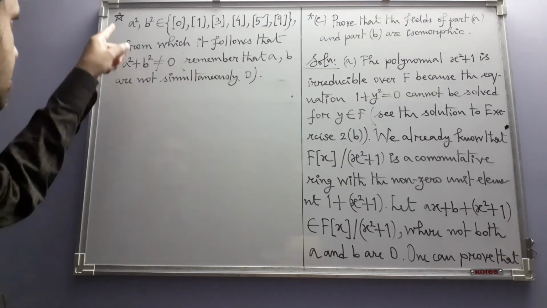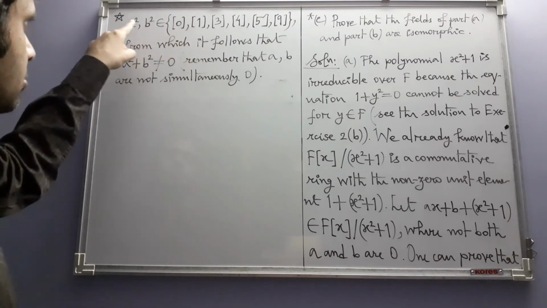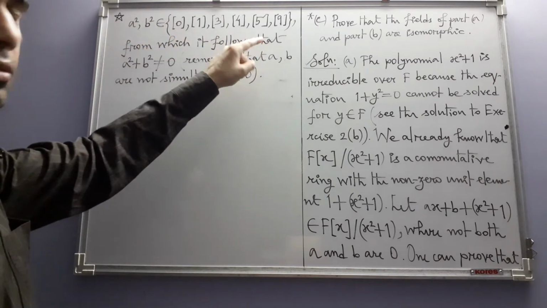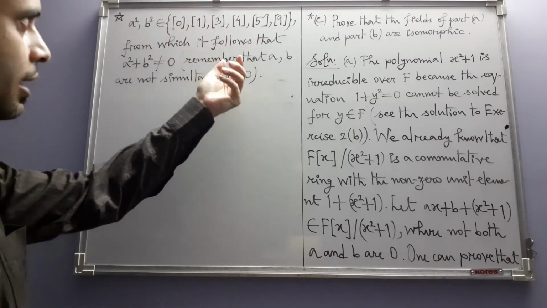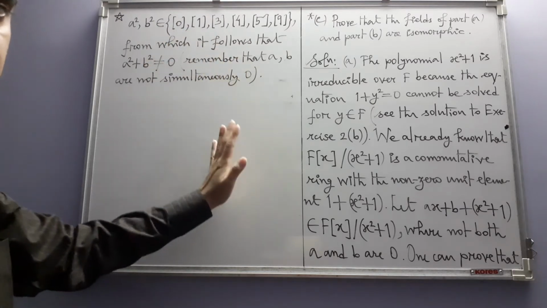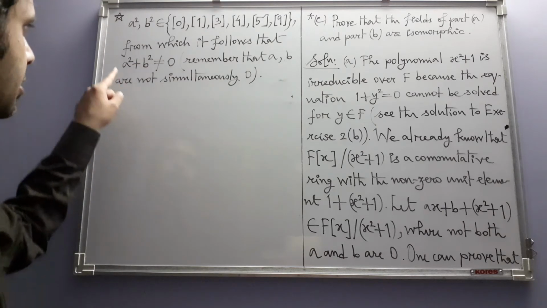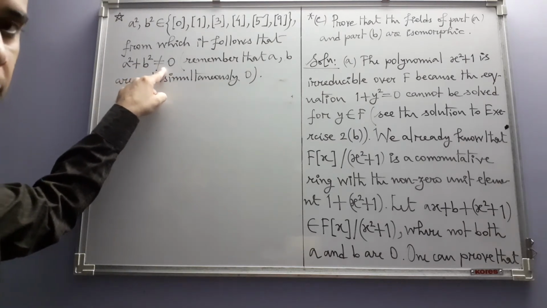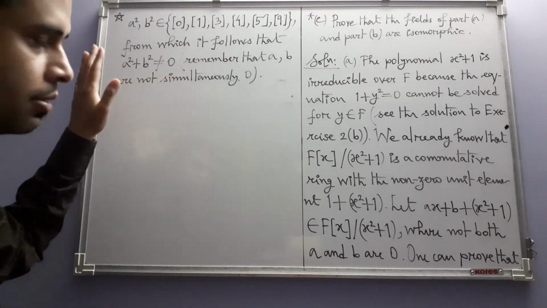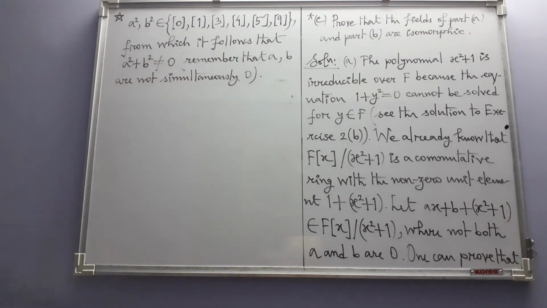In other cases, you can see if you take any two from among these elements, repetition is allowed, you will never get the 0 congruence class. That's what we mean by this non-equality. Okay, but why do we need this?